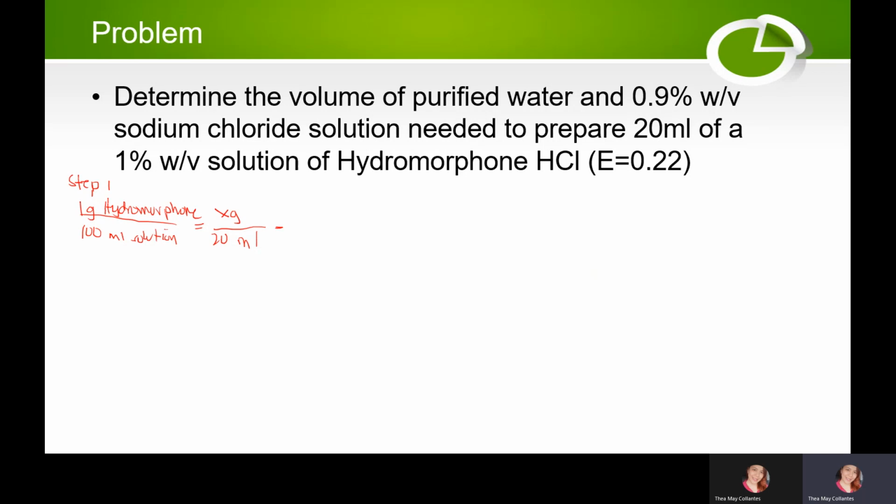That would be 20 divided by 100, which is 0.2 grams of hydromorphone, times the E value, which is 0.22 gram of NaCl over 1 gram of hydromorphone. I always write the E value, guys, so I remember what I am cancelling out. So 0.2 times 0.22 would be 0.044 grams of NaCl.